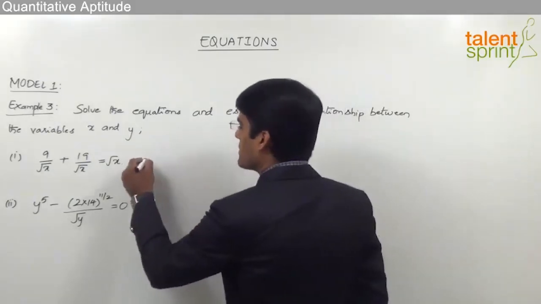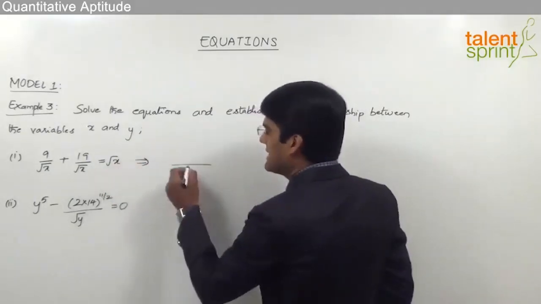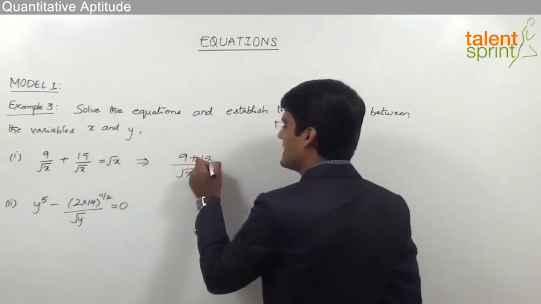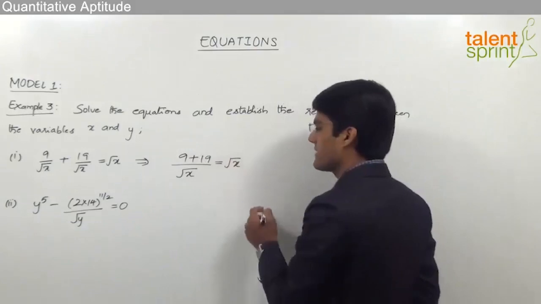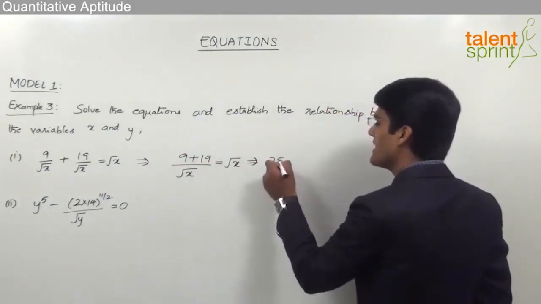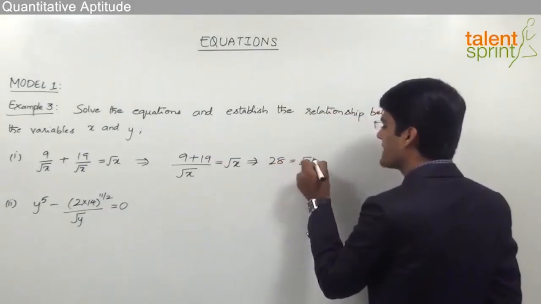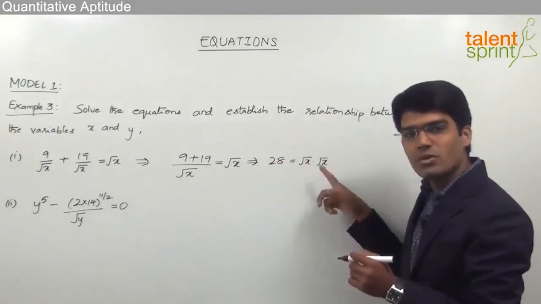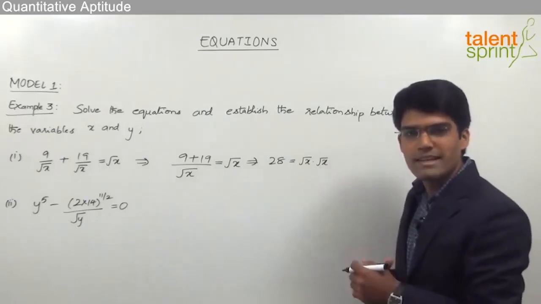Now from the first equation, we can understand that the LCM is root x. So the numerator here will be 9 plus 19 and this is equal to root x. So this will give that 9 plus 19 is equal to 28. 28 is equal to root x into root x. We know that root x into root x is nothing but root x whole square. So that can be taken as x.